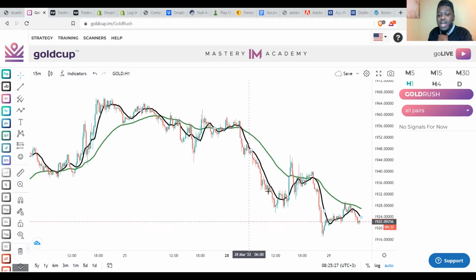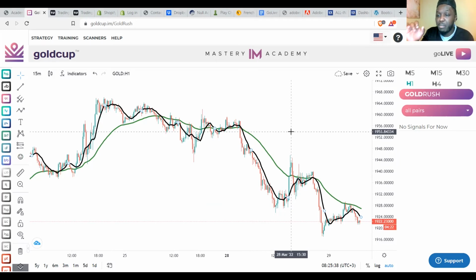This is going to give you extra confirmation and make it even better. The same rules apply for the 50 moving average, for the 9 moving average. Even if you were to put a 200 moving average, the same rules apply.